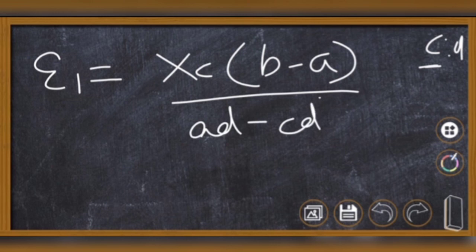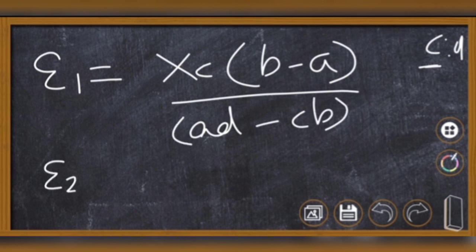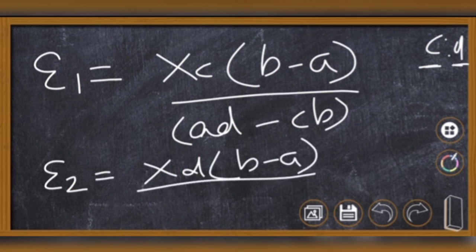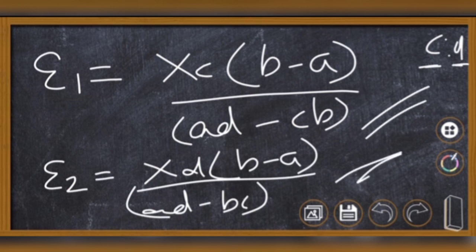Now the second term: E2 will be X into the other term, D, into B minus A divided by AD minus BC. So we can substitute like this whenever the expenditures are asked.